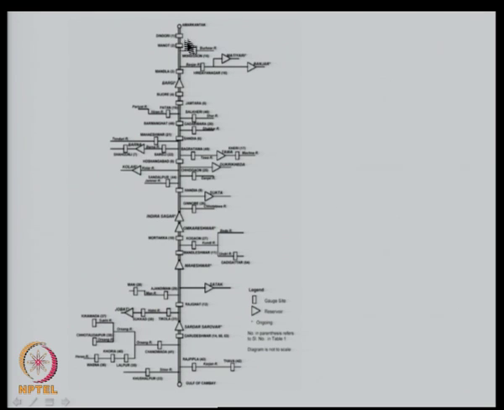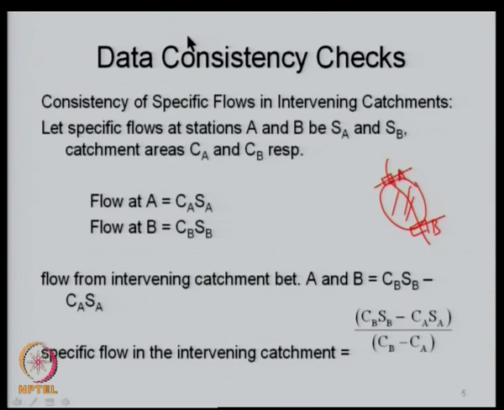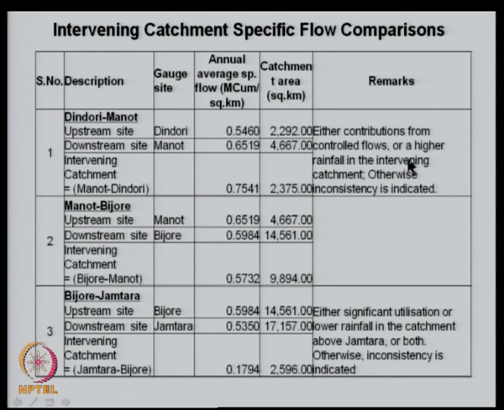If there is no controlled flow coming in between, which is true in this particular case, there is no reservoir here and therefore no addition coming here, then it may indicate that in this small catchment there is significantly higher rainfall. If neither of them is true, then there is an inconsistency of the data. This is the conclusion that you arrive at.